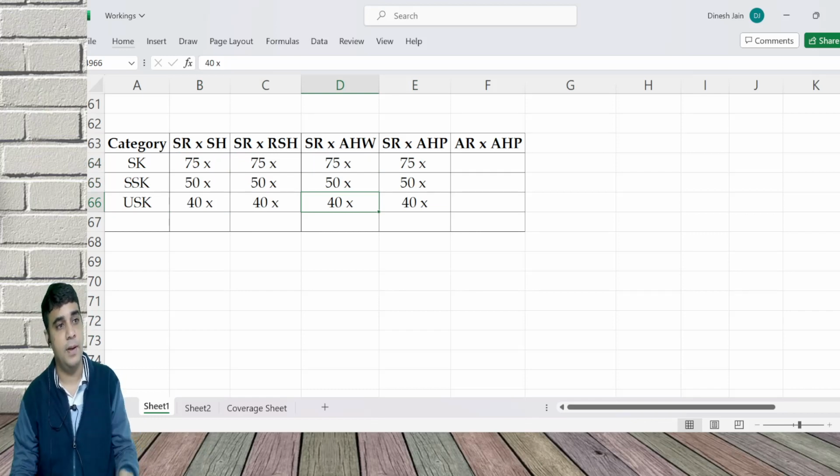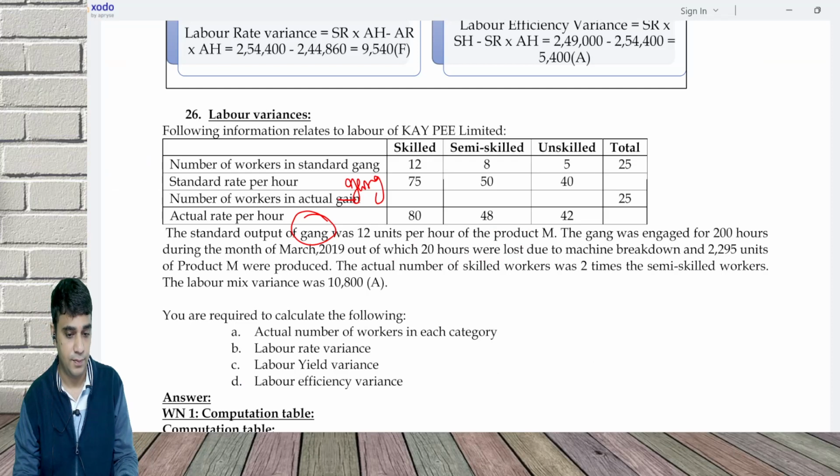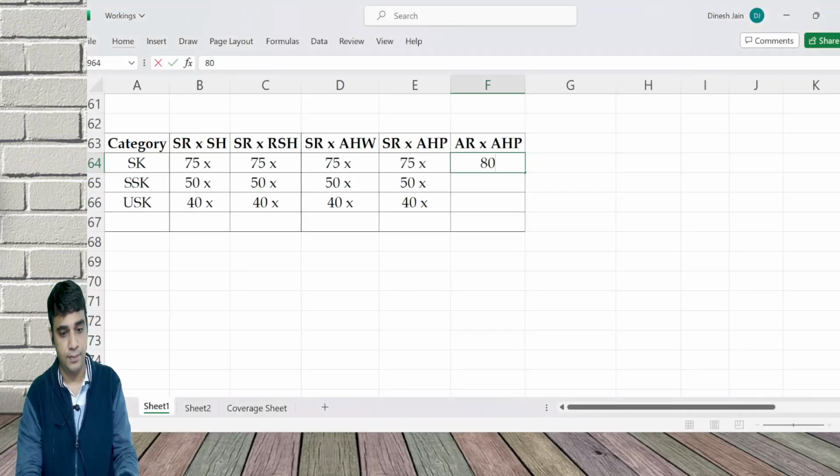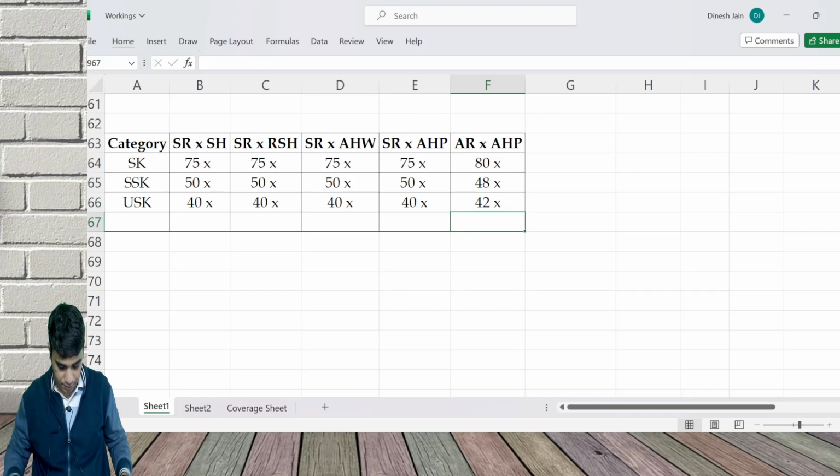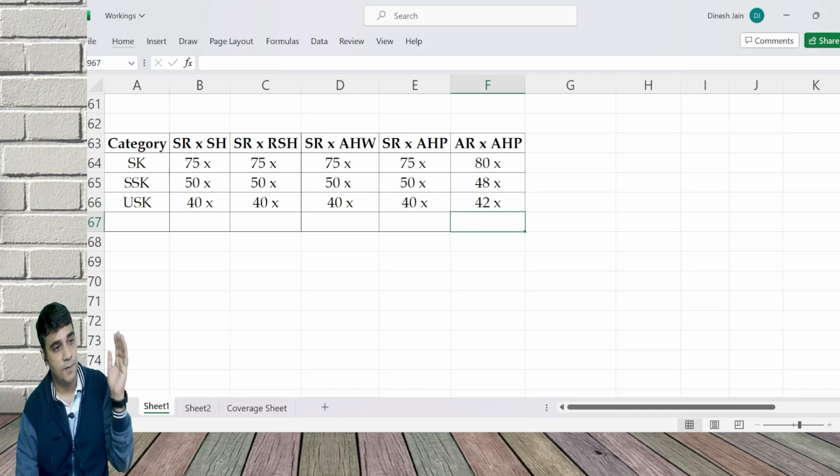AR is also available in the question: 80, 48, 42. First we fill rate in this order. Then in the reverse order we'll write the number of hours, where we have certain challenges. I'll explain the challenges as we proceed.